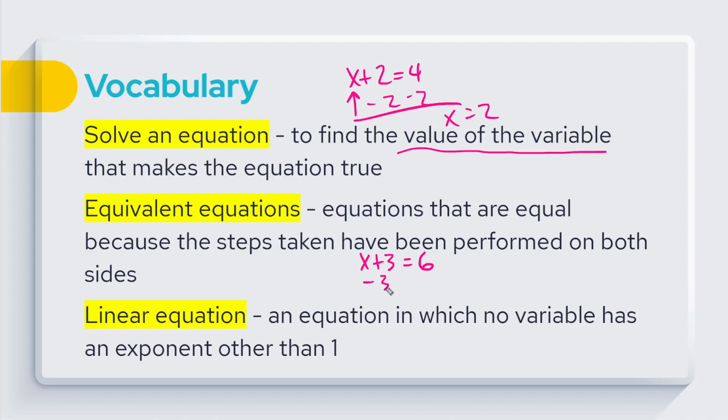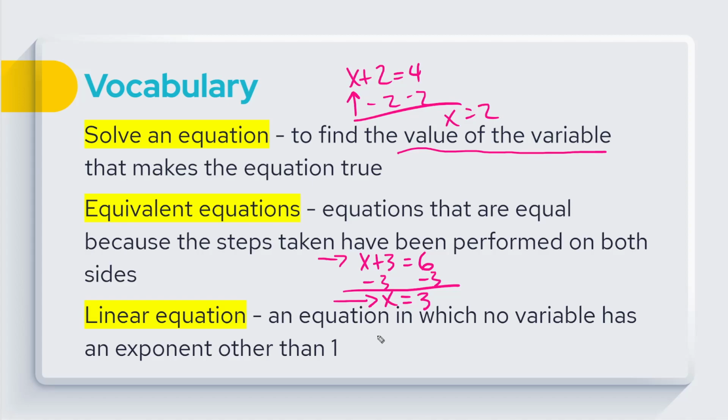So if we subtract 3 from both sides of this equation, then what we found is an equivalent equation. This equation here, the second one, x equals 3, is the same as x plus 3 equals 6. These are equivalent because you've taken the same steps on both sides of the equal sign.